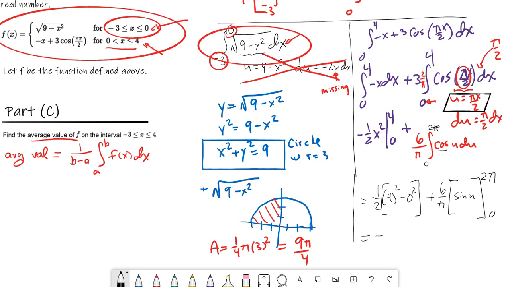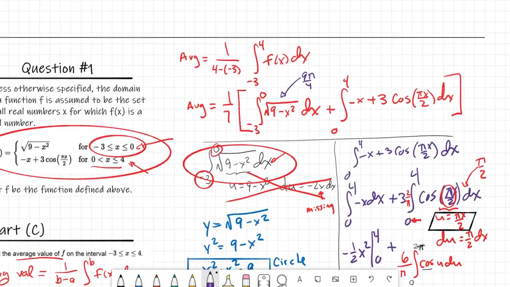We get negative 8 plus 6 over pi sine of 2 pi minus sine of 0. Well, sine of 2 pi is 0. Sine of 0 is 0. So all of this zeroes out. The right-hand side integral is negative 8.